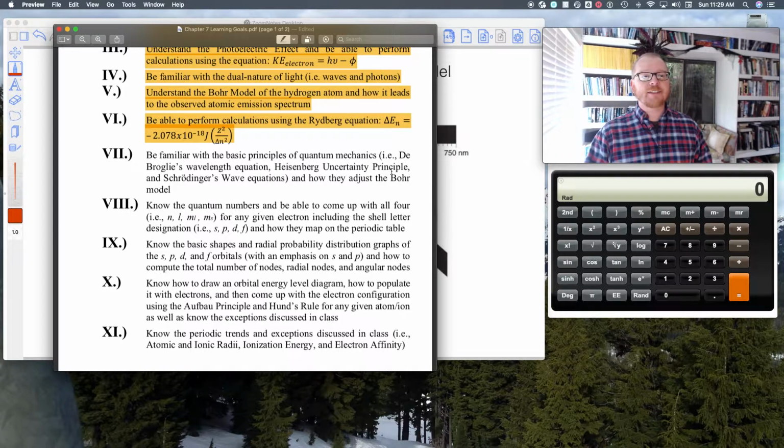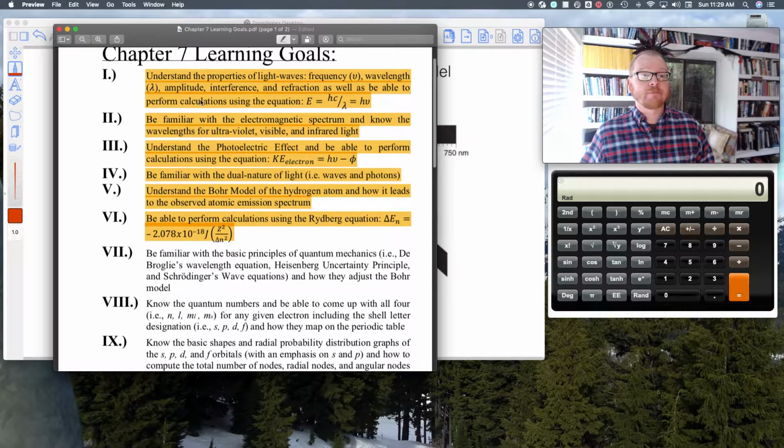And from these first 6 learning goals, that's going to allow you to complete the Part 1 assignment, which I would fully encourage you to do. Even though it's not due until 2 weeks, I would focus and dig deep and do it.